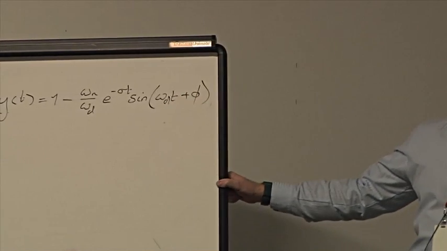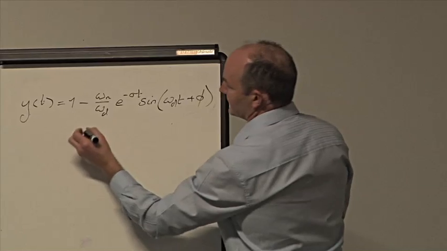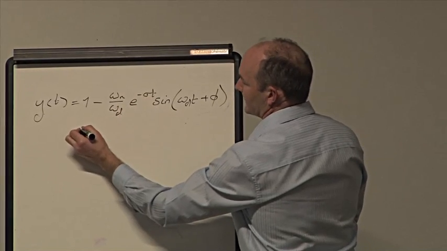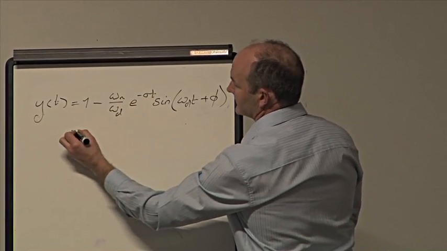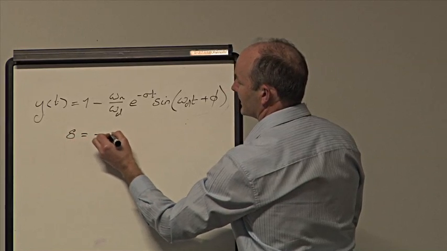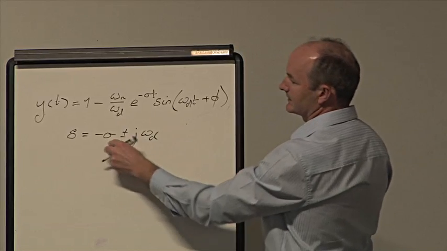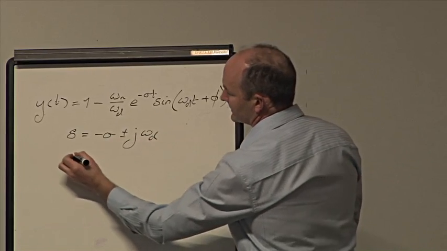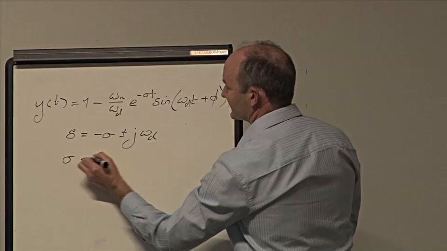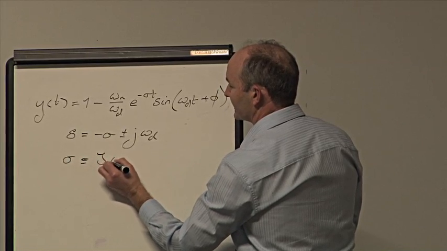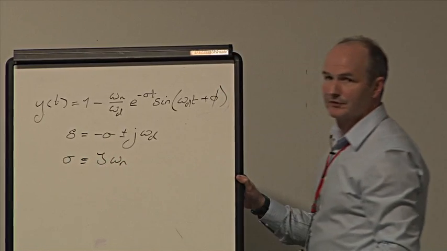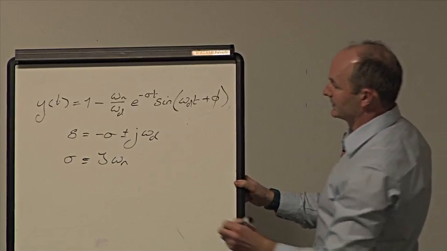Now, we defined these parameters before. First of all, sigma, well, remember for the underdamped system, the poles occur at s equals minus sigma plus or minus j times omega d. So that's the significance of sigma and omega d. Sigma we defined as the product of the damping ratio and the undamped natural frequency. We call that the damping coefficient.